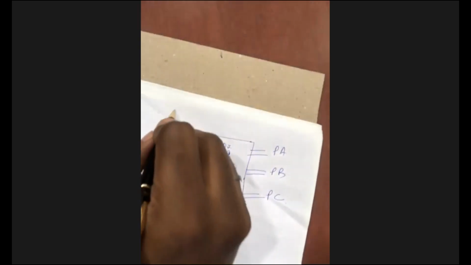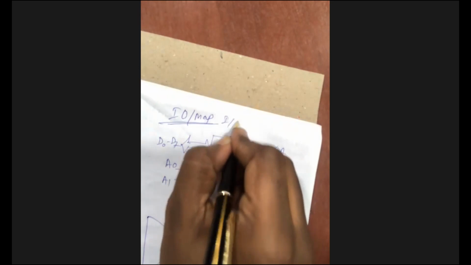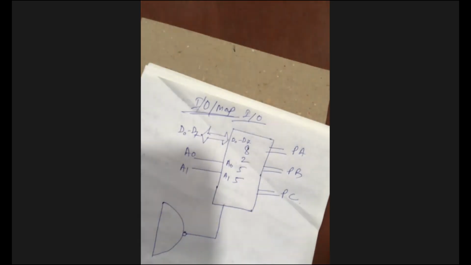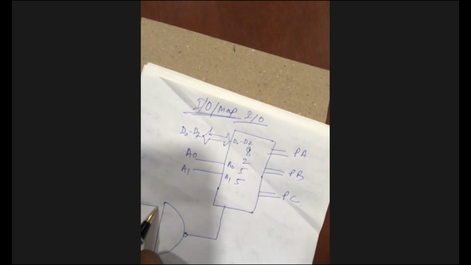Now I am talking about the IO mapped IO. For IO mapped IO, the address is 8 bits wide in 8085. So what will be the address?